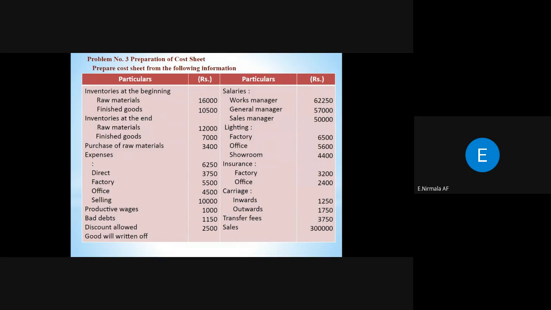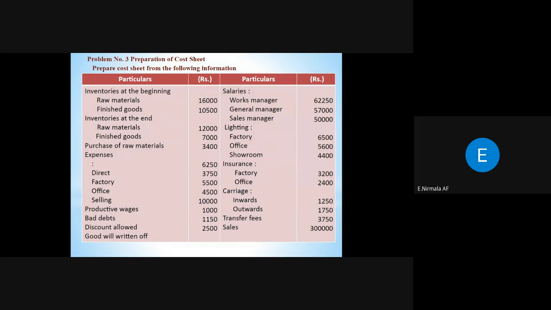Now, problem number 3. Preparation of cost sheet from the following information. The first one, inventories at the beginning. It means opening stock of raw material, opening stock of finished goods. Then second one, inventories at the end, closing stock of material, closing stock of finished goods.